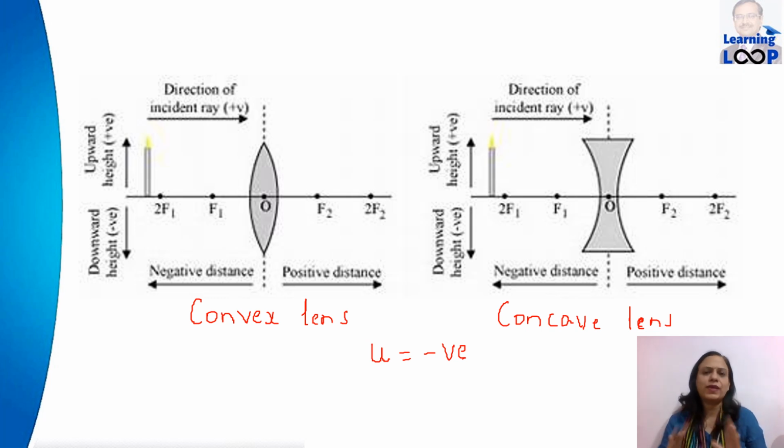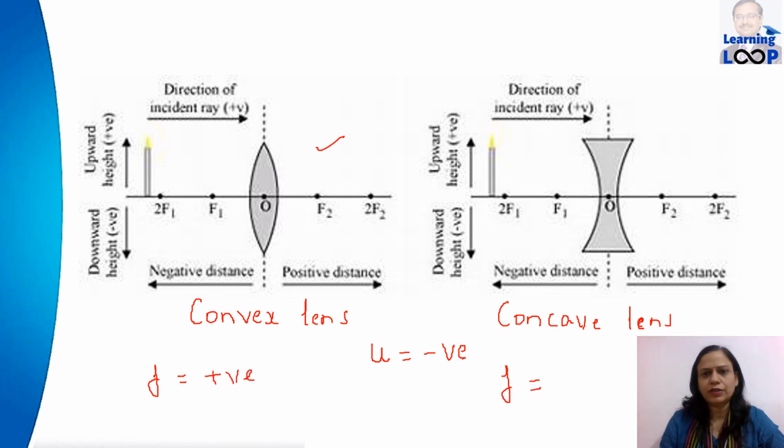So U always is negative. You don't have to give a second thought to it. Then what about F? For a convex lens, the focus lies on the right hand side, so F will be positive. But for a concave lens, the focus lies on the left hand side, so F would be negative.